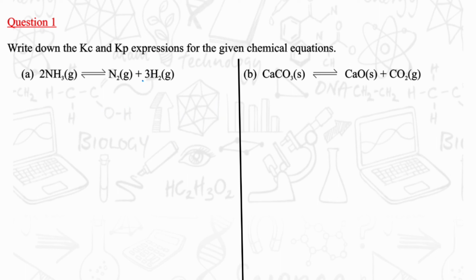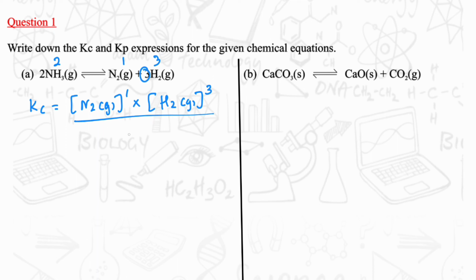Let's start by writing the Kc expression. So here the stoichiometric values will be 2:1:3. So Kc is equal to the concentration of nitrogen to the power 1 times concentration of hydrogen to the power 3 because the number is 3, divided by the concentration of ammonia gas to the power 2.